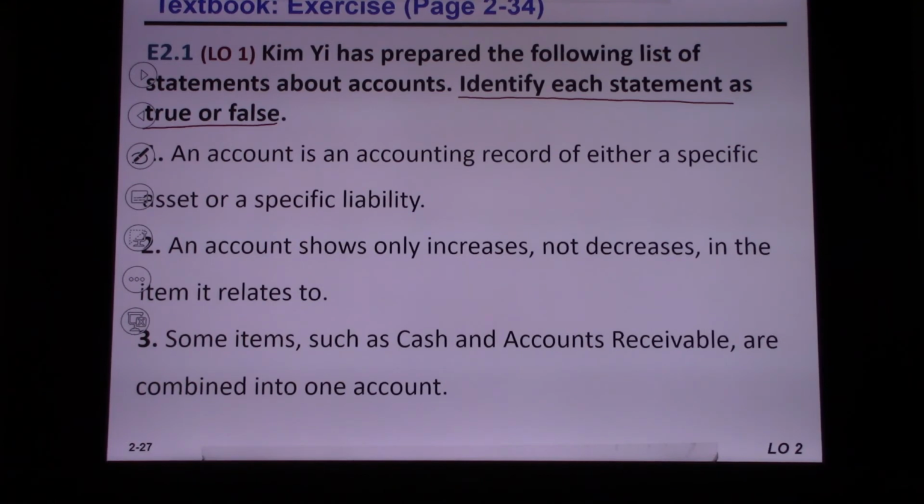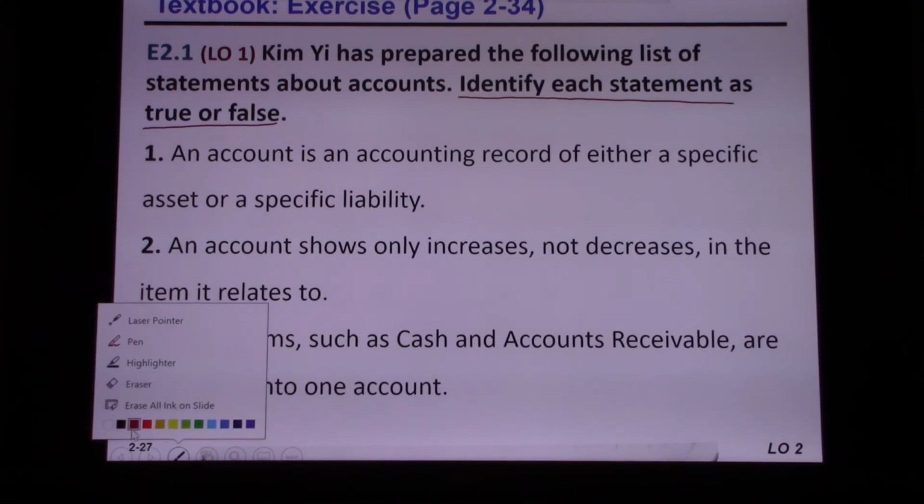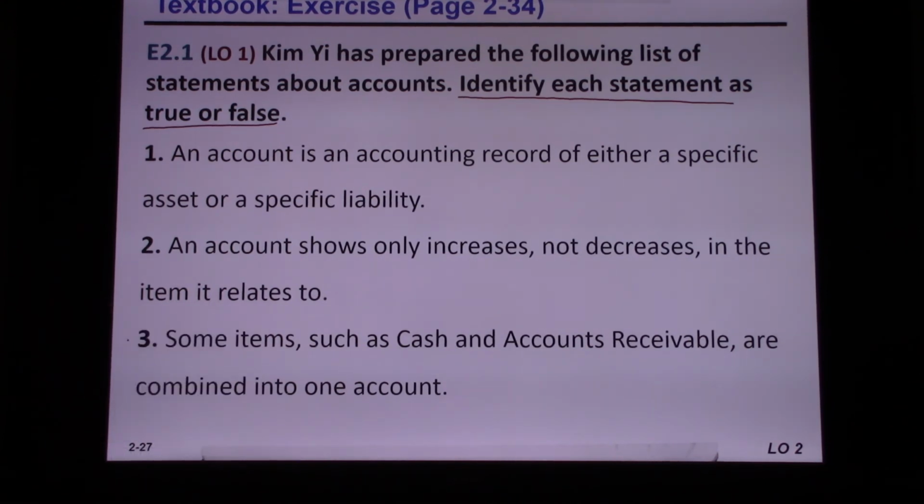First, an account is an accounting record of either a specific asset or a specific liability. Is this a true statement? An account is an accounting record of a specific asset or a specific liability.